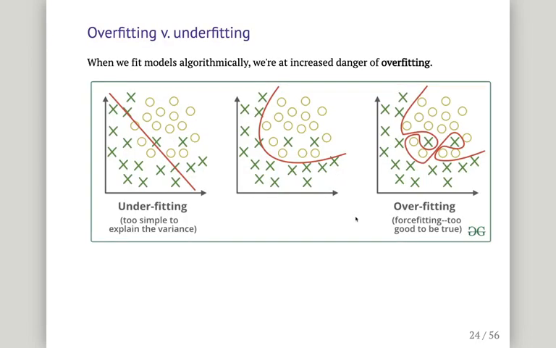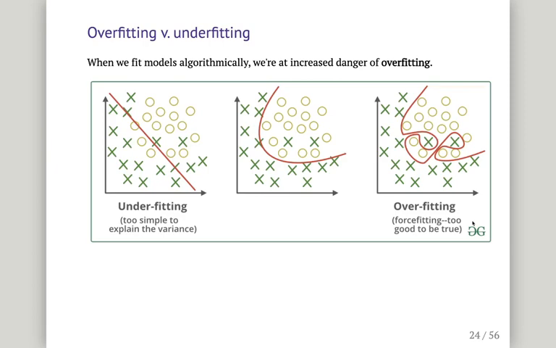Now, one thing that we have sort of danced around is how we're deciding what data to put in. So in machine learning, we're especially concerned about a problem known as overfitting. Essentially, we want a model that strikes a good balance between being too simple, or underfit, or overfit, just too good to be true.